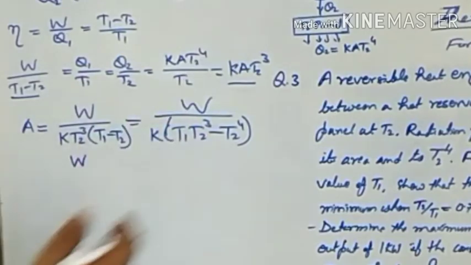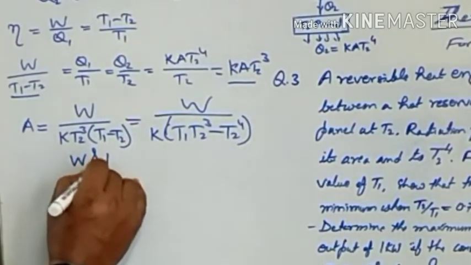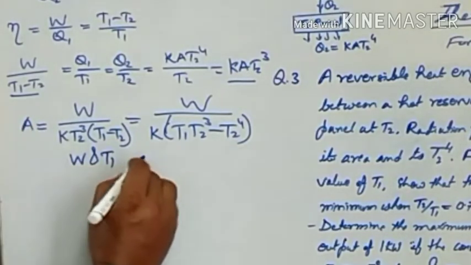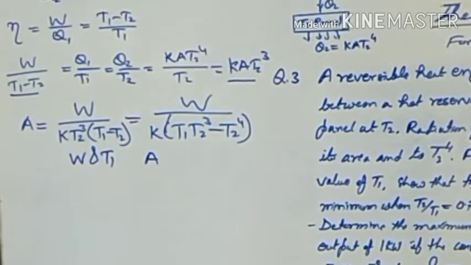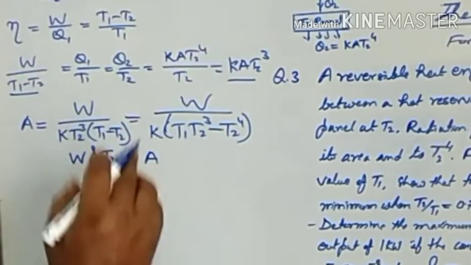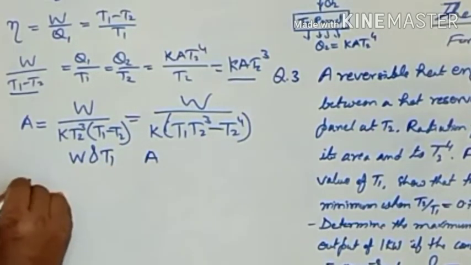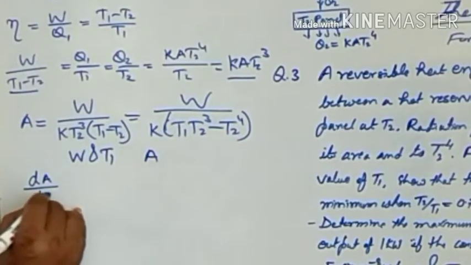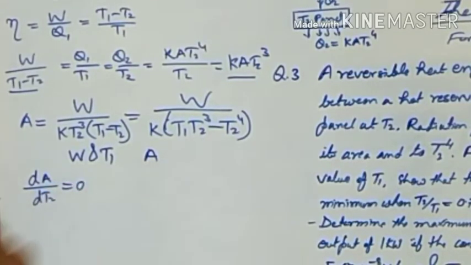Then for a given value of W, whatever is the output of the engine, and the given value of T1, if you want to find out the minimum value of A, then we have to differentiate dA by dT2 and equate this to 0.